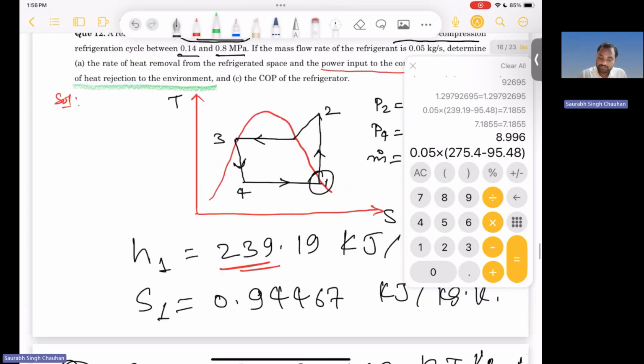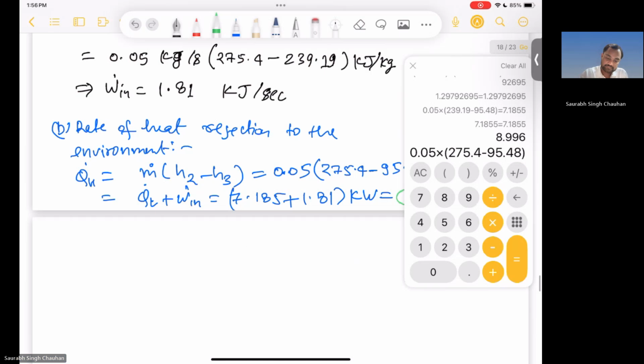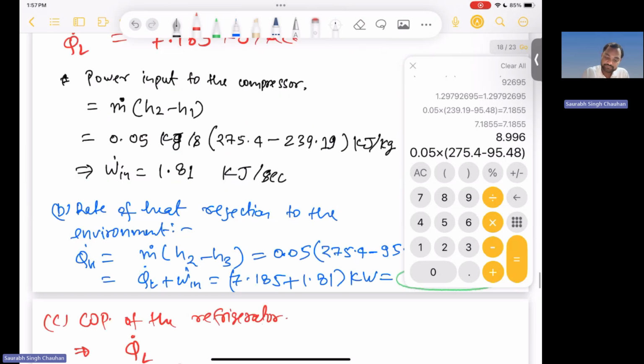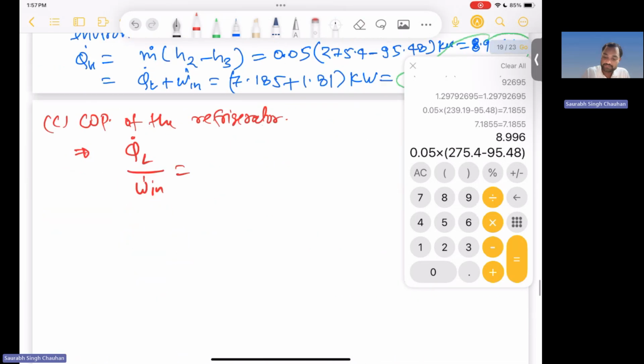What else? COP of the refrigerator. So COP is how much heat is removed from the cold environment divided by how much is the work input. Okay, so how much heat is removed? 7.185.